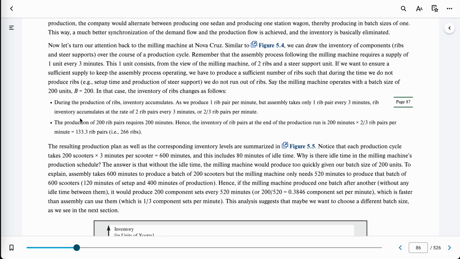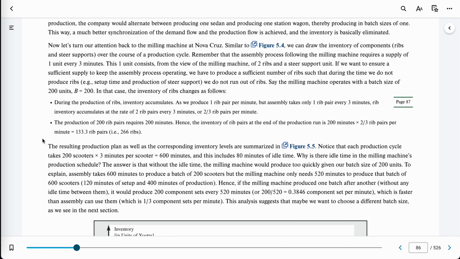So the manufacturing process. Let's say that we produce 200 units, right? So we produce 200 pairs of ribs every time we make it. As we produce 1 pair of ribs per minute, and assembly only takes 1 pair of ribs every 3 minutes, you're accumulating inventory of ribs at a rate of 2 ribs every 3 minutes, or about two-thirds ribs per minute, right?